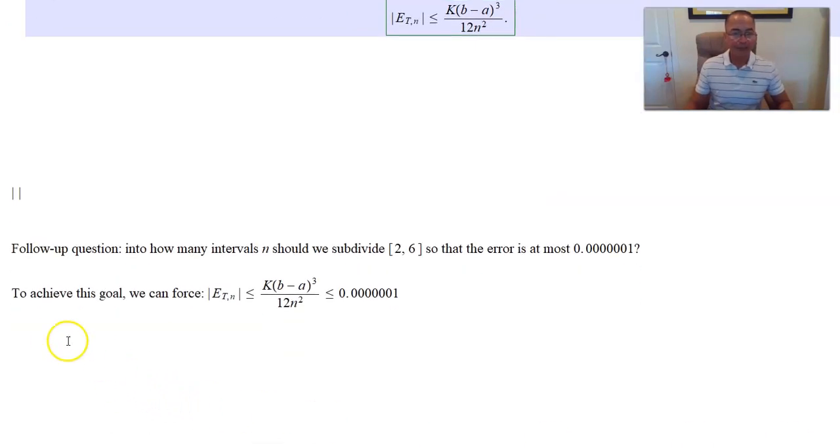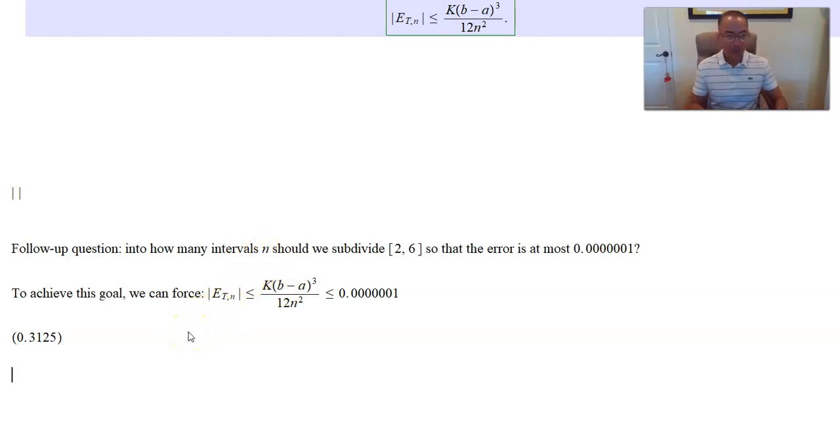And we have the same interval, 2 to 6, so again that's 4 cubed. But now we don't know the n. That is what we are solving for: in how many subintervals should we subdivide 2 to 6?